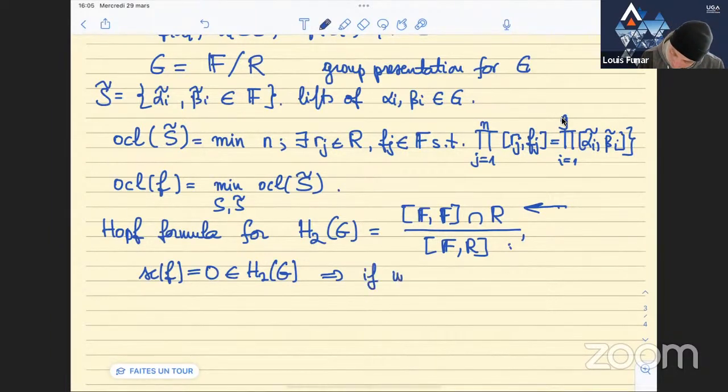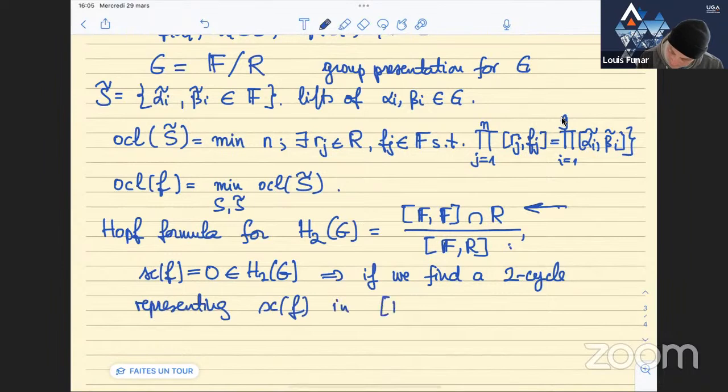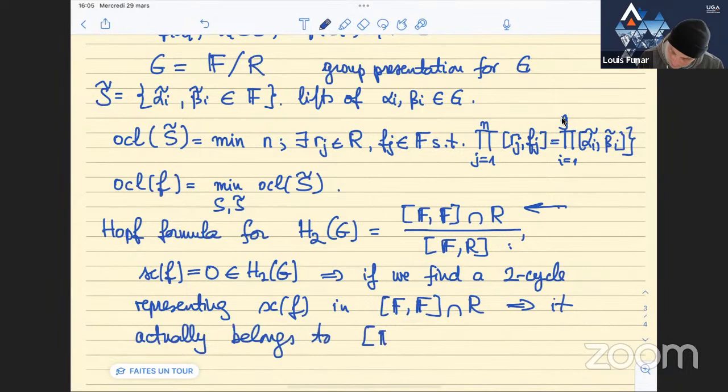if we find a 2-cycle representing the Schur class of F in this group, then it actually belongs to this.